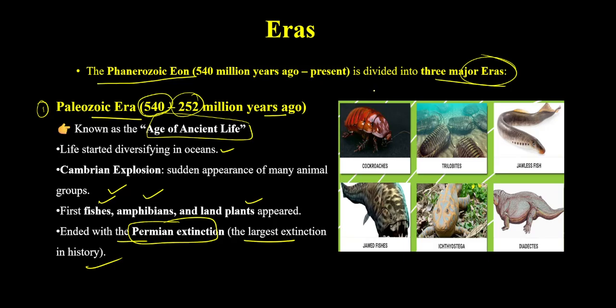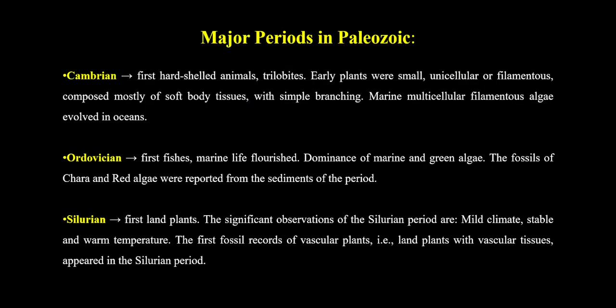Animal groups like cockroaches, trilobites, jawless fishes, and jawed fishes appeared in this time scale.